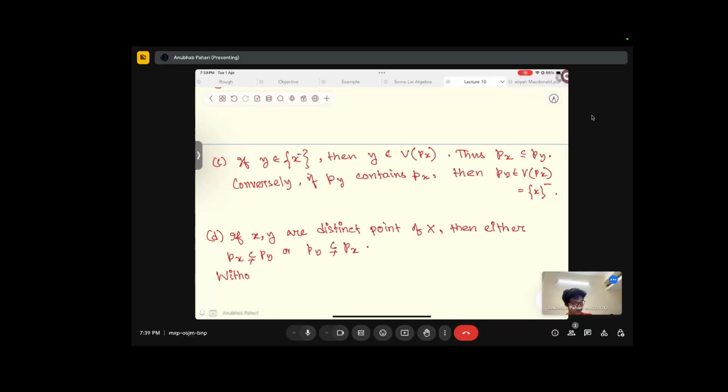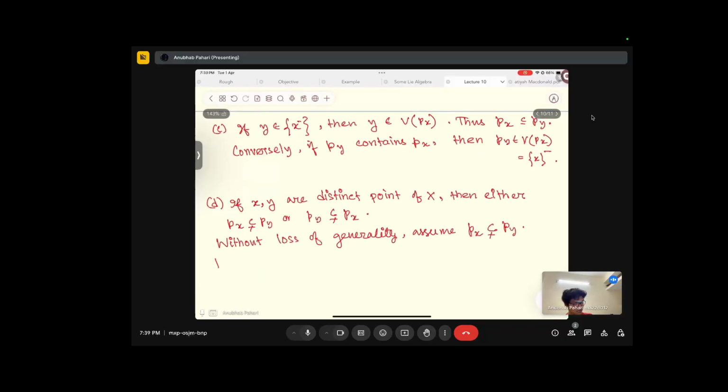Without loss of generality, assume p_x is contained in p_y, then y belongs to x bar.